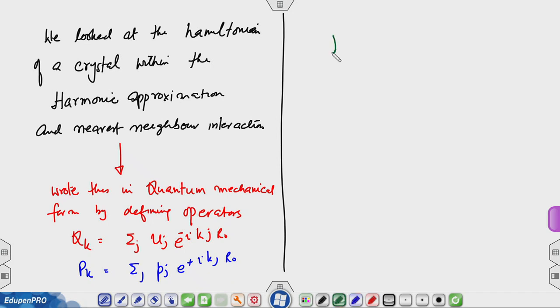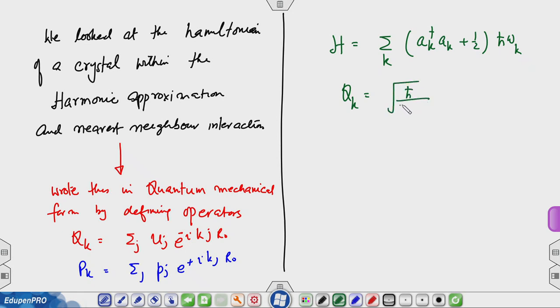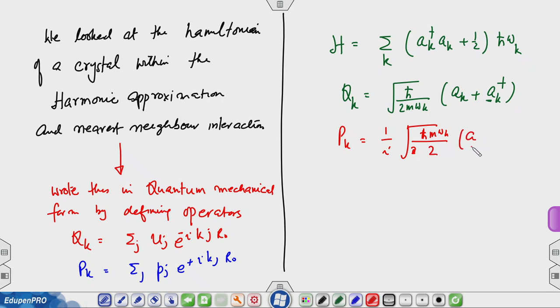And then we could write the Hamiltonian and think of the crystal as a collection of harmonic oscillators, a k dagger a k plus a half h cross omega k, where a k dagger and a k are defined in terms of q k, such that q k is equal to square root of h cross over 2 m omega k times a k plus a minus k dagger, and p k is equal to 1 over i square root of h cross m omega k divided by 2 times a minus k minus a k dagger. So, that is what we have learnt.